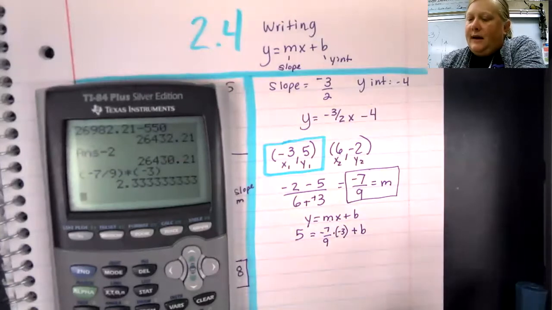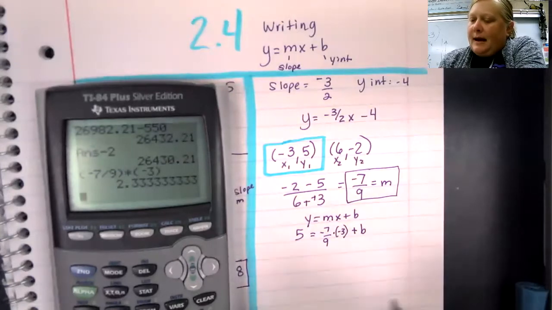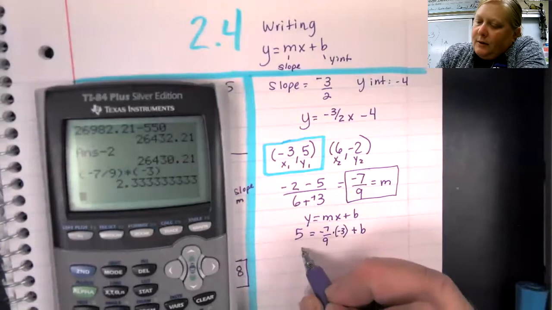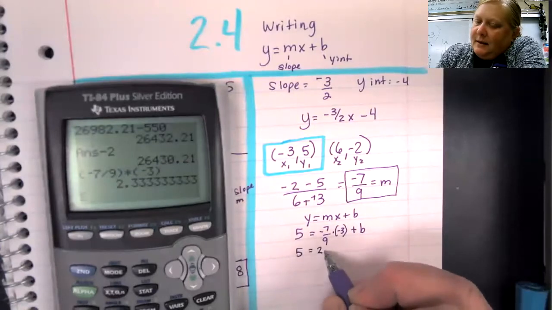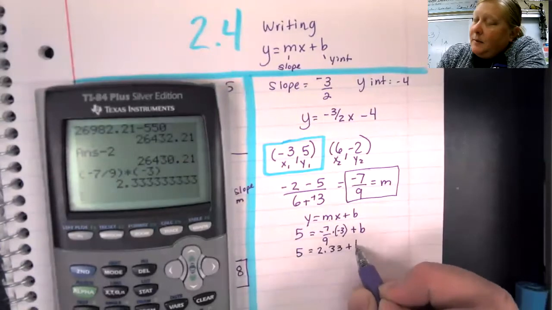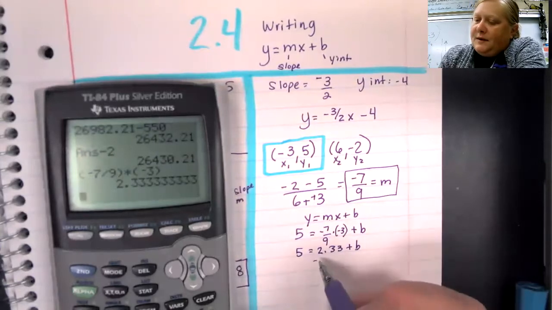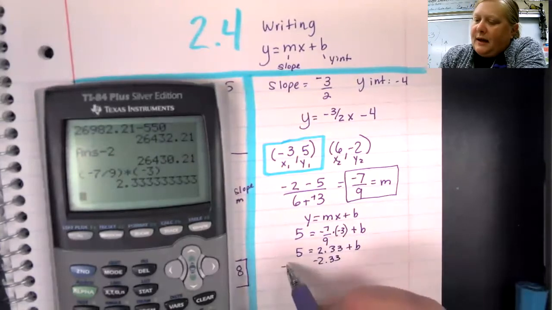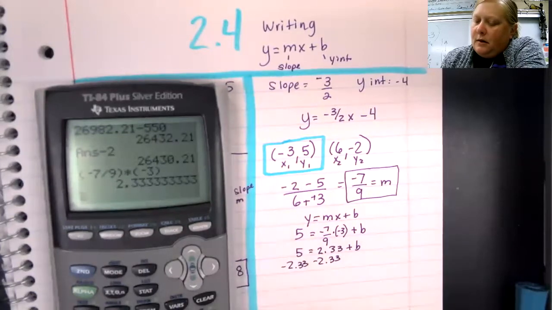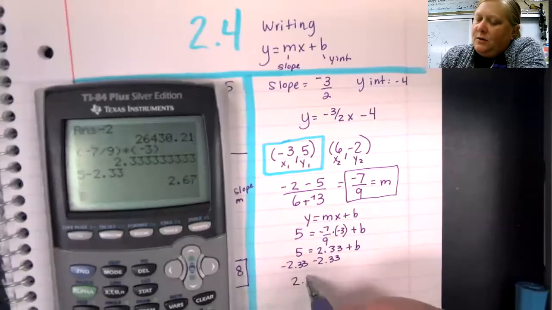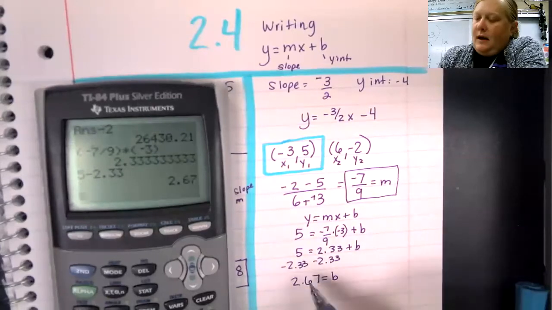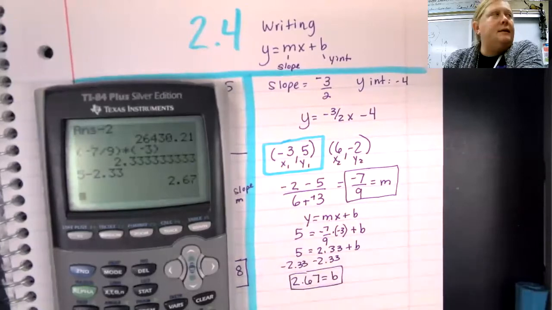Now, you can leave it as a decimal, not a big deal. So I'm going to leave it positive 2.33 plus b. And I'm going to subtract 2.33 on each side. So 5 minus 2.33 repeating gives me 2.67 equals b. Okay, oh well, not a big deal.